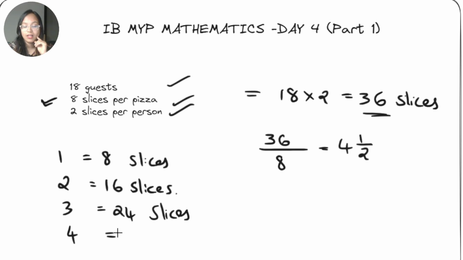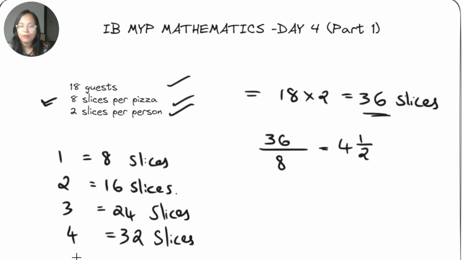For 4 pizzas, there will be 32 slices. We are just adding 8, 8, 8 each time. Or we can multiply by 8 each time. For one pizza, 8 times 1. For 2 pizzas, 8 times 2 is equal to 16 slices. For 3 pizzas, 3 times 8 is equal to 24 slices. And for 4 pizzas, 8 times 4 is equal to 32 slices.